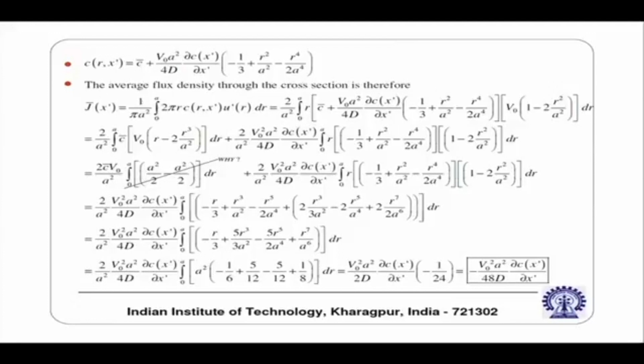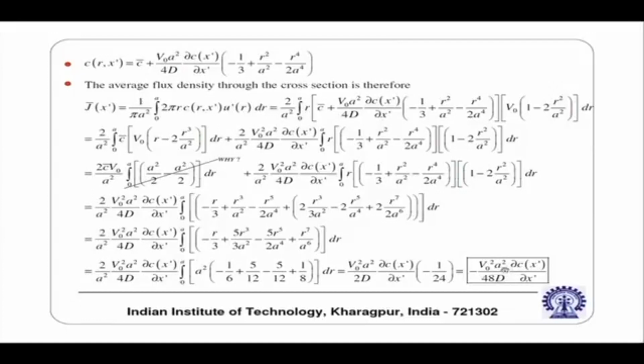You can follow this: the C will contain a C average term, and the C average term when integrated with respect to the relative velocity u dash will become 0. So then the remaining term when it is integrated, this flux will become V0 a square by 48 D del c del x dash, okay.